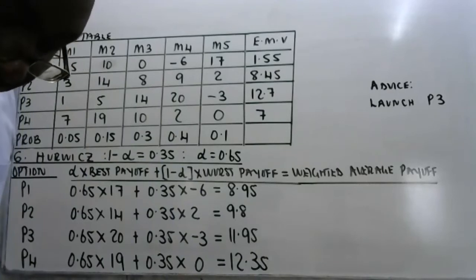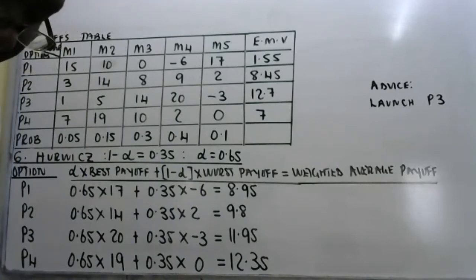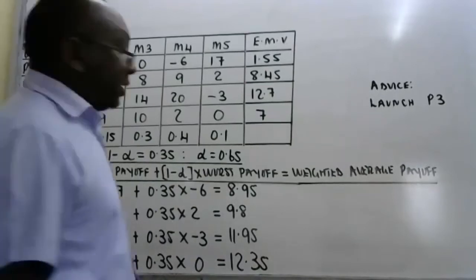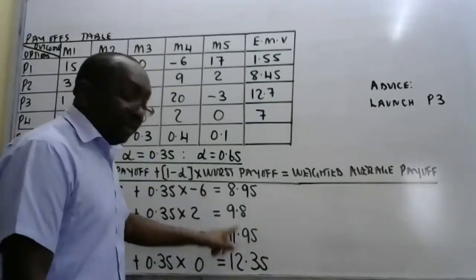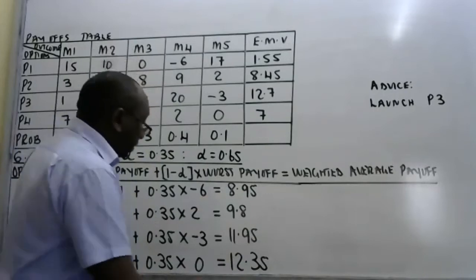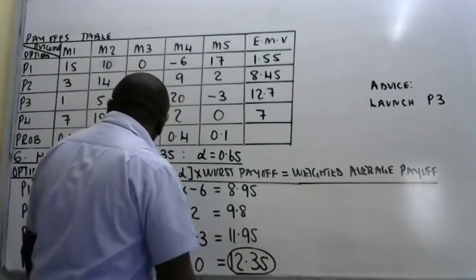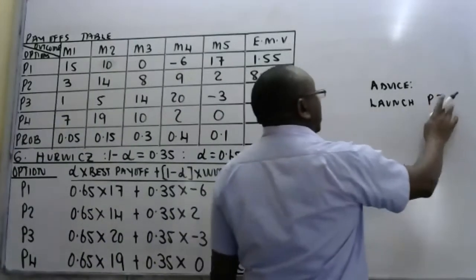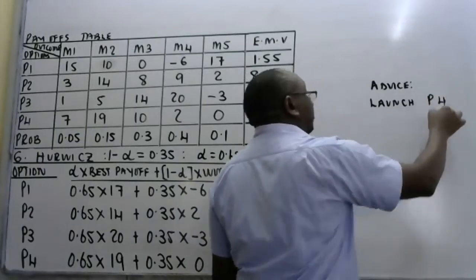So with that, what you do, you again select the highest. The highest of all these is 12.35. So you will advise them that they go for product P4.